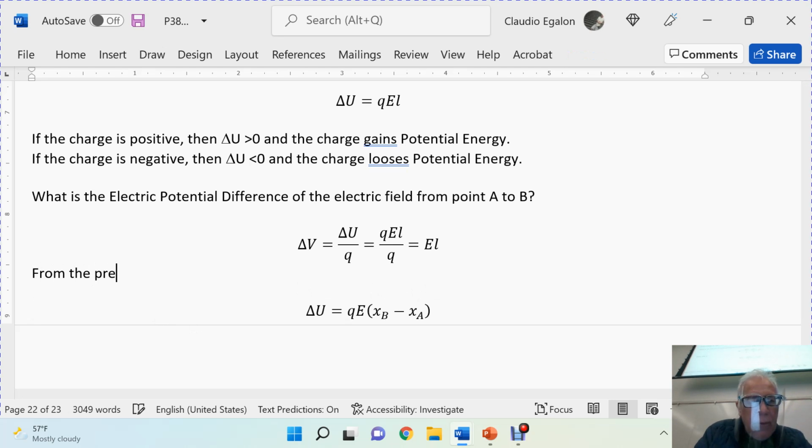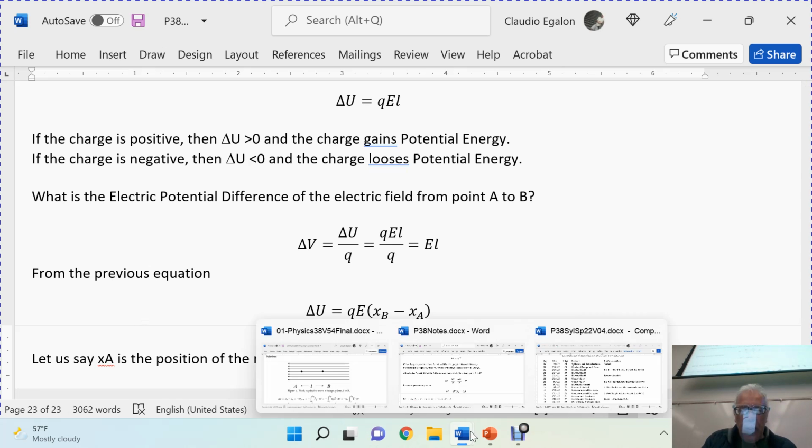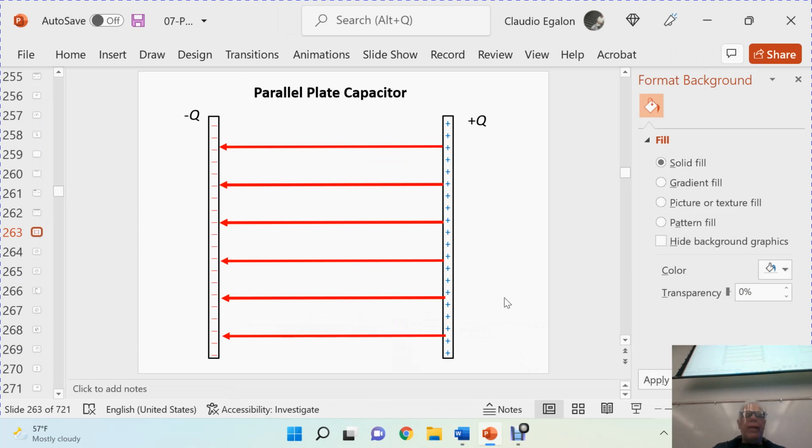From the previous equation, let us say X sub A is the position of the negative plate, right? Going back to our drawing, we see the field pointing from the right to the left.